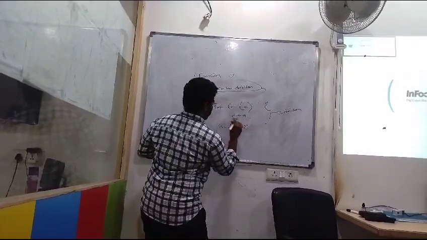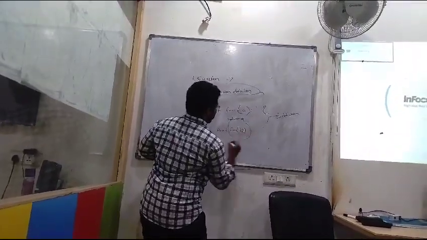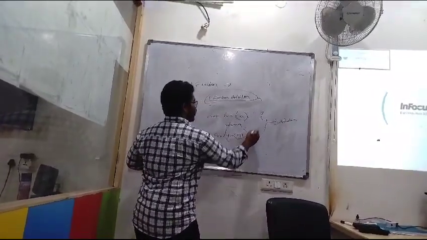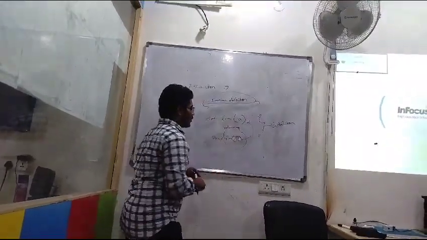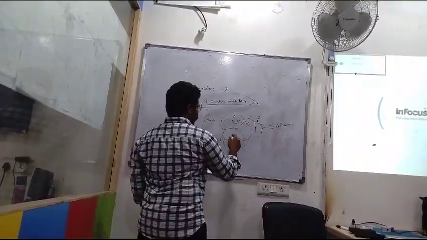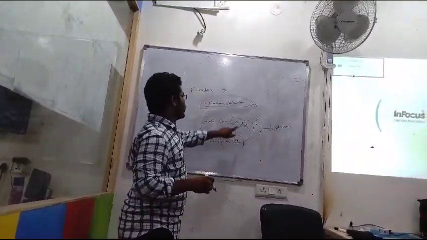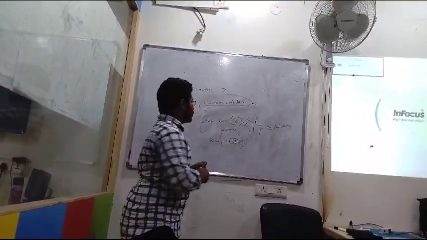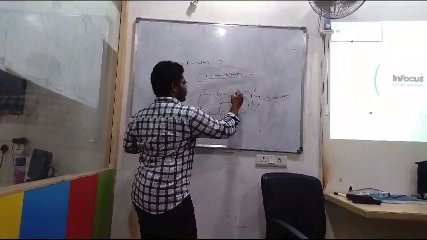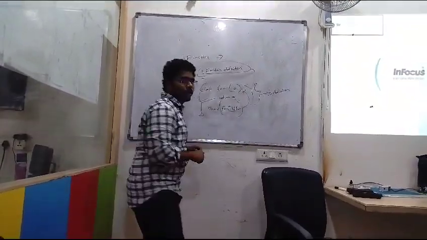In this code, I passed two arguments, but I declared only one parameter. So Python will throw an error that you are passing two arguments, but you are declaring only one parameter. The arguments and parameters should be equal.